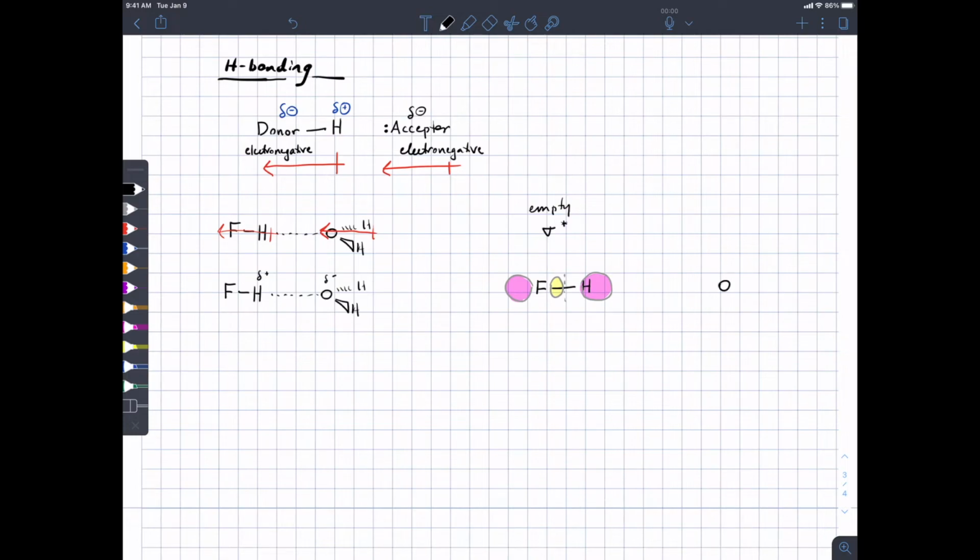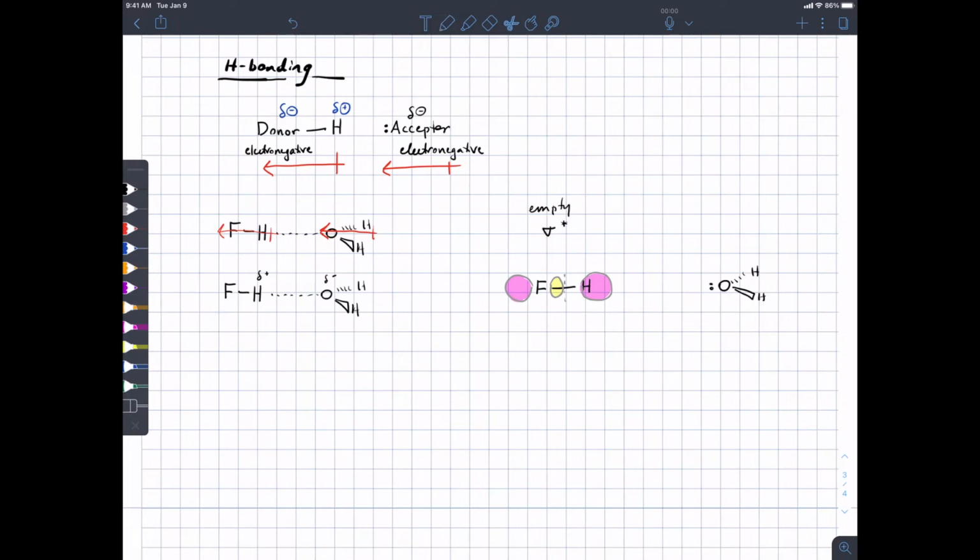And then here we have water. We've talked about water before as having a P-rich lone pair and an S-rich lone pair. It's not actually going to matter which is which because all of that gets mixed up when a water molecule isn't on its own anyway.